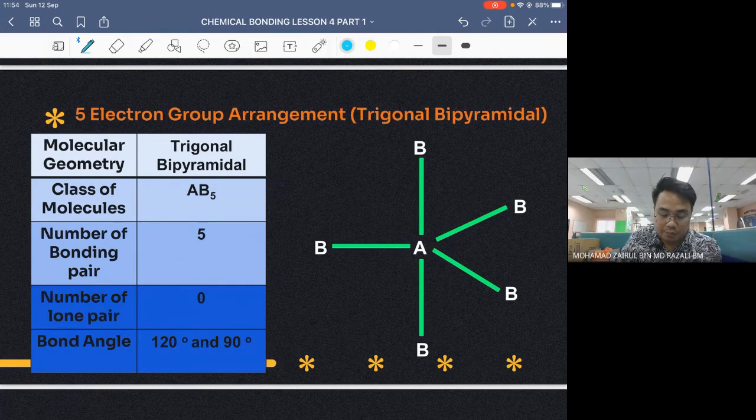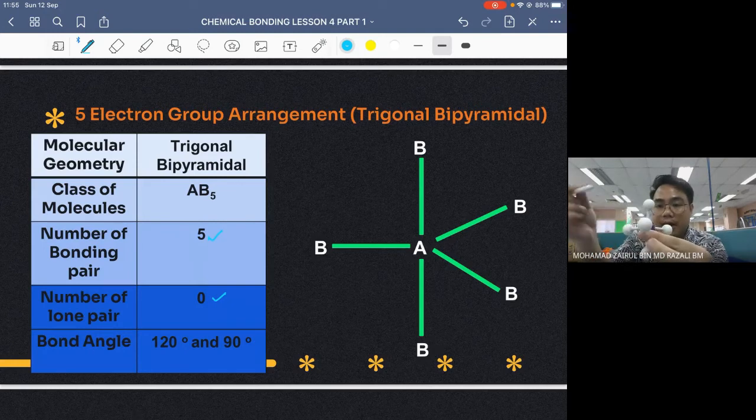Number of bonding pair 5, number of lone pair 0. This molecule awak akan ada two different angle.